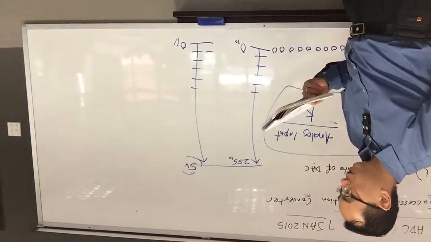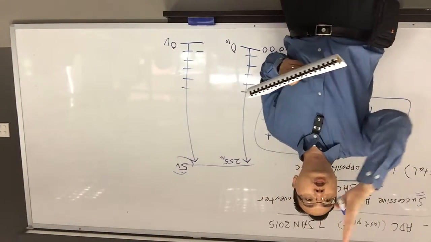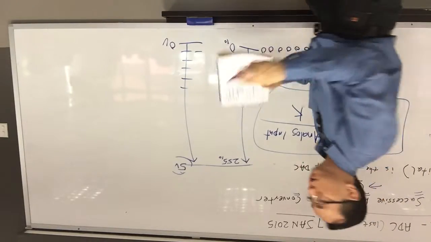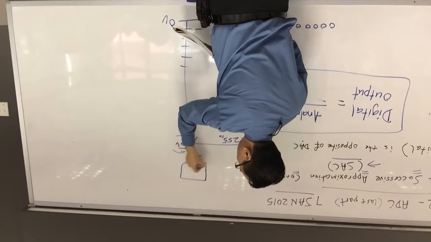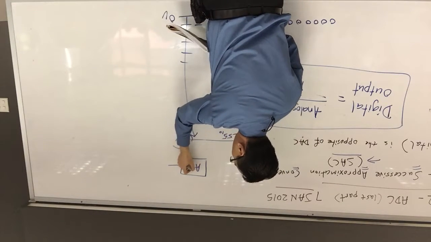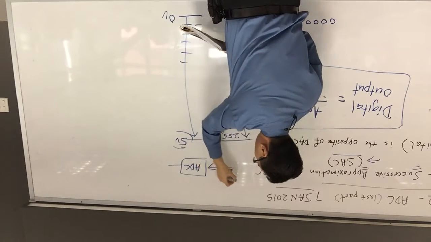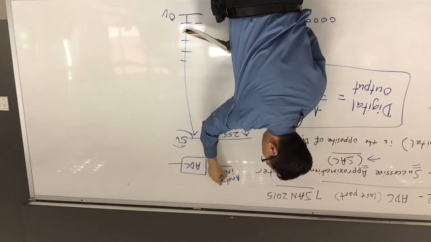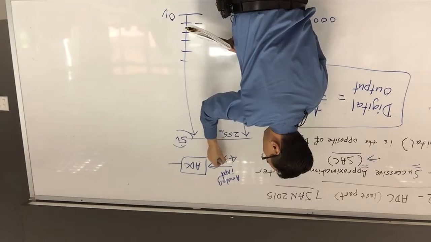Okay, so basically it's analog to digital output, right? So that means for ADC, you are going to convert an analog input, right? In block diagram form, it's going to be analog input, let's say a voltage, let's say 4.33.